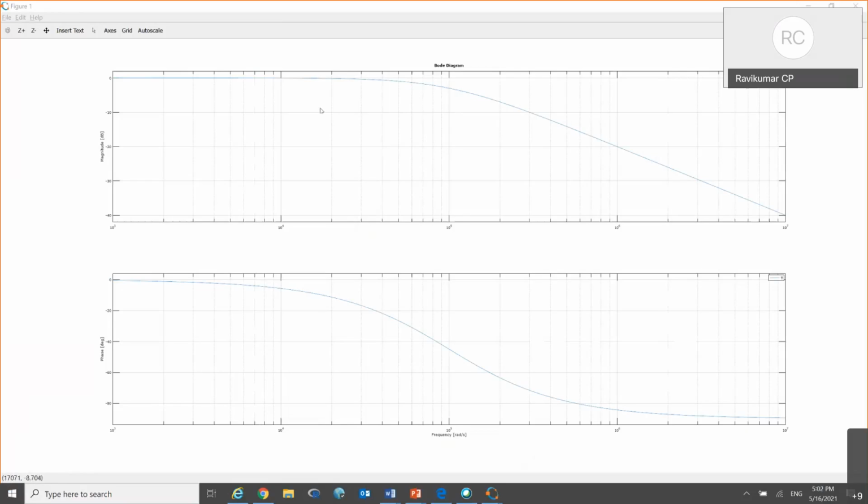If you point it here, it will show you that the frequency is 13.917K, and the gain is minus 0.039. So if you come down to minus 3 point something, that will be the 3 dB frequency. Either you can do it manually like this, or you can try to automate it.